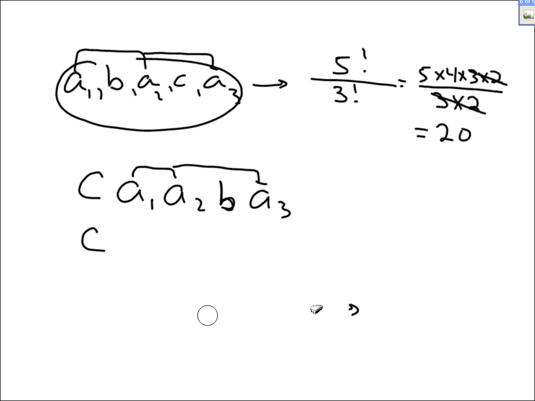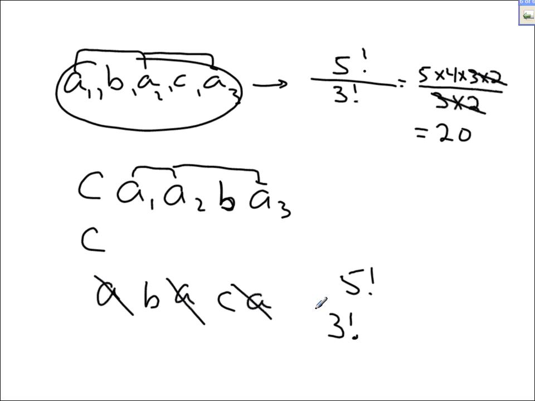So again, you have the letters A, B, A, C, A. There are 5 letters. That prompts you to put 5 factorial. There are 3 A's. You can put 3 factorial.